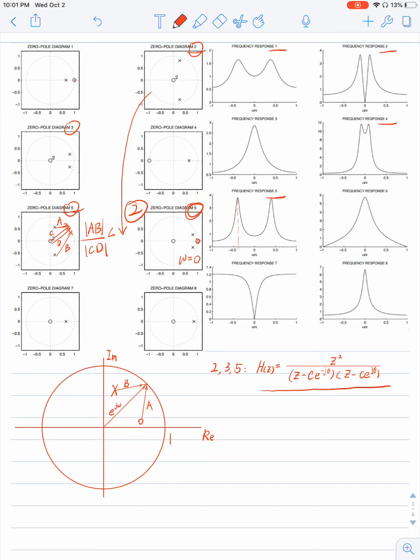So compare response 1 and response 5. Response 5 here has the higher peak magnitude. So the corresponding frequency response of diagram 2 is 5, and the corresponding frequency response of diagram 5 is 1.